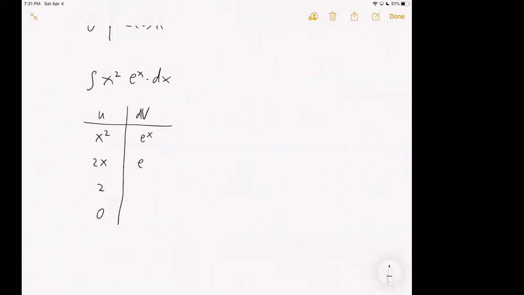And integrating e to the x is as easy as differentiating it. Now, put in your diagonals. Plus, minus, plus, right? So the answer must be x squared e to the x minus 2x e to the x plus 2 e to the x, right?